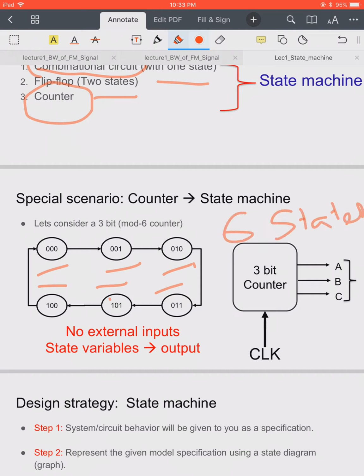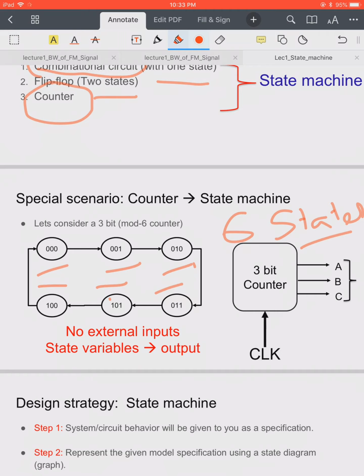So I need 3 variables, A, B, C, suppose. The counter is a special type of state machine which doesn't have any external input. It basically changes its state with each clock pulse.